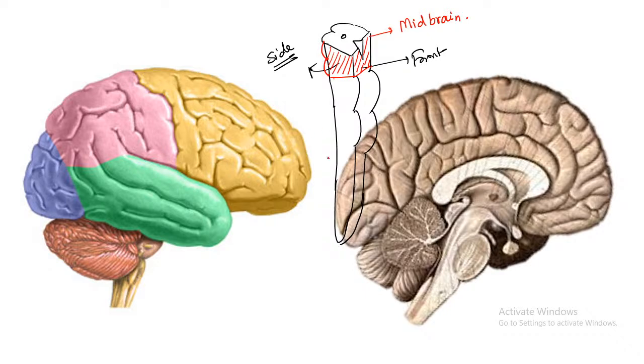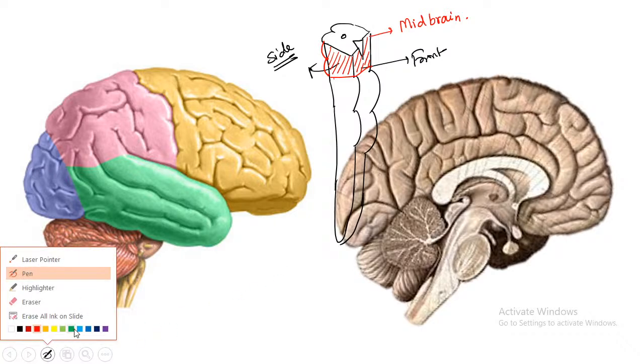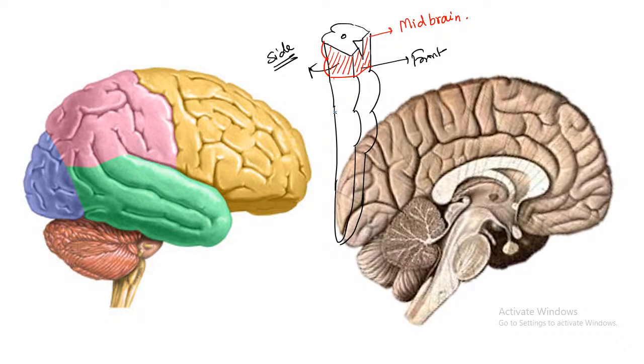Now, just below the midbrain, can you see a swelling towards the front side? There's a swelling in the front side. This part, can you see this part? This part is known as the pons.